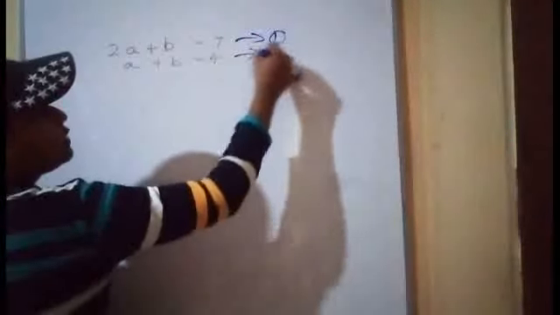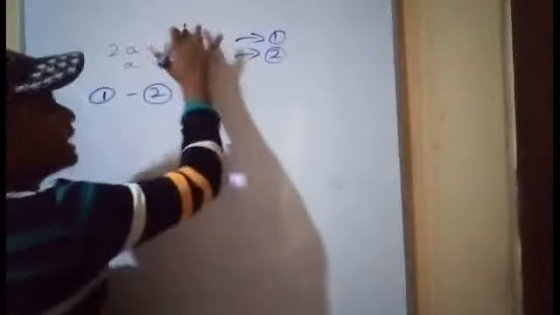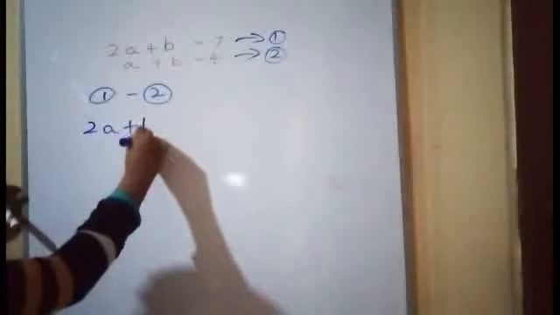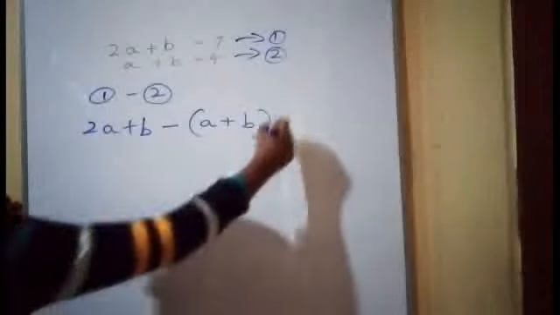So what is the next example? 2a plus b equals 7. a plus b equals 4. We call this one 1 and this one 2. So we subtract 2 from 1, because both have a plus b, so we subtract to find the a and b values. 2a plus b subtract a plus b, and 7 subtract 4.